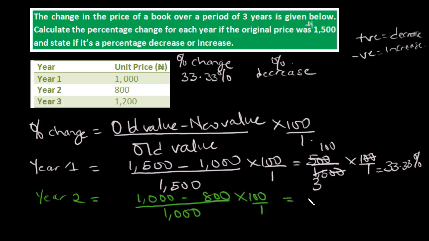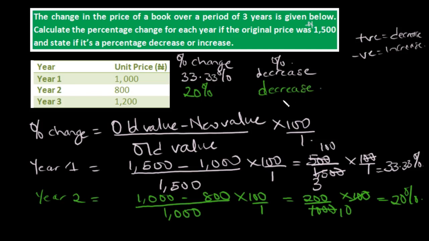So we have 1,000 minus 800 is 200 over 1,000 multiplied by 100. 100 goes there 1, 100 goes there in 10 places. So 200 over 10 equals 20%. Then again, our answer is positive, which means our percentage change after the second year is a 20% decrease. So we saw there has been a decrease in the price of the book by 20%.